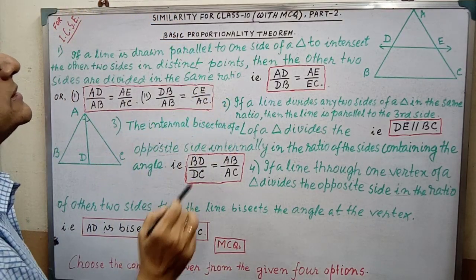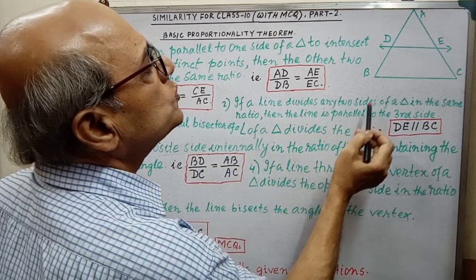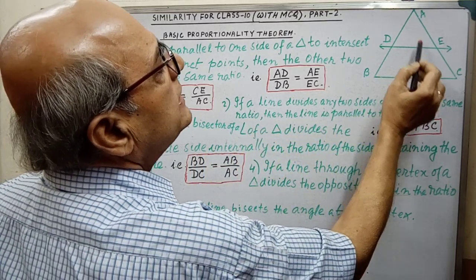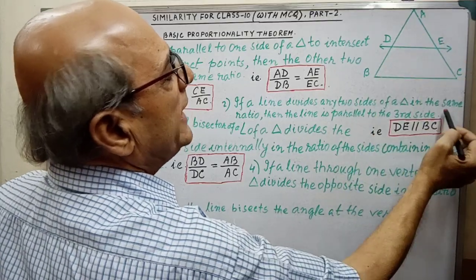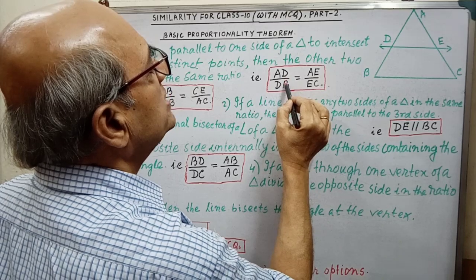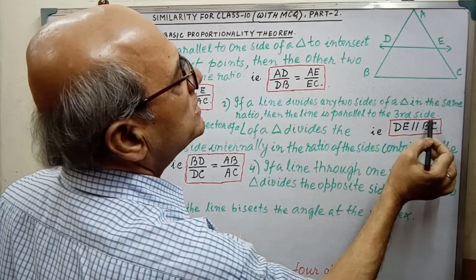Next, converse of this. If a line divides any two sides of a triangle in the same ratio, that means this ratio is given, then the line is parallel to the third side.